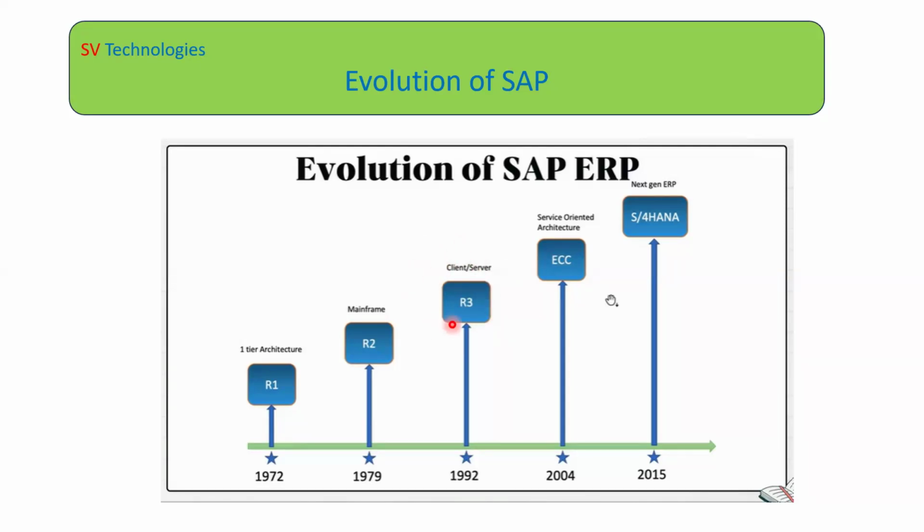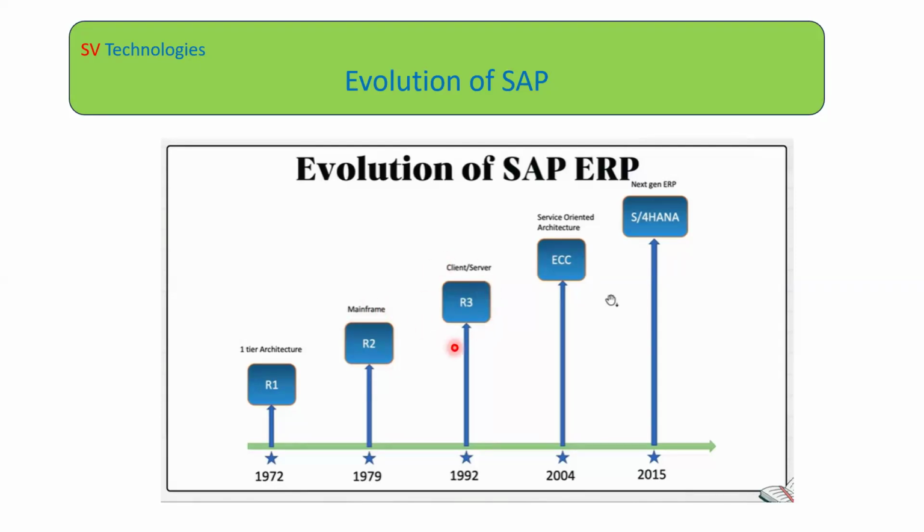From R3 onwards, SAP has a three client and server based concept. Before that, it had only one server. This one server had all three clients: development client, testing client, and production client. Whereas in R2, it was split into two servers. One is a development server, and another is for testing and production.